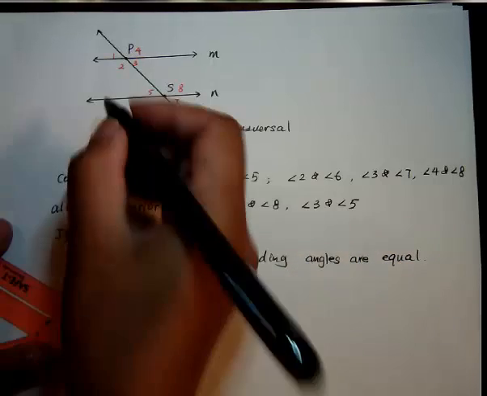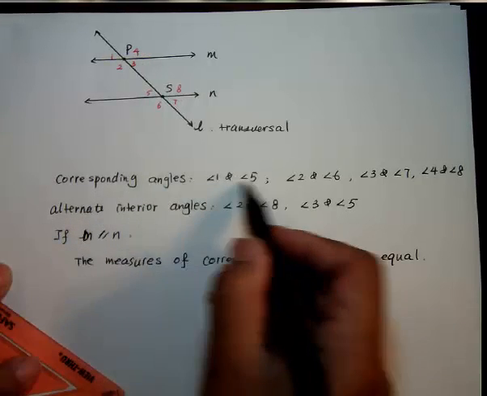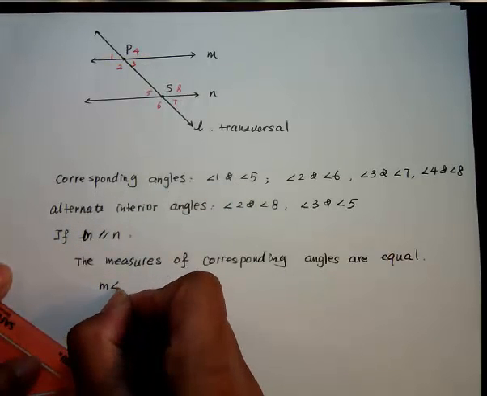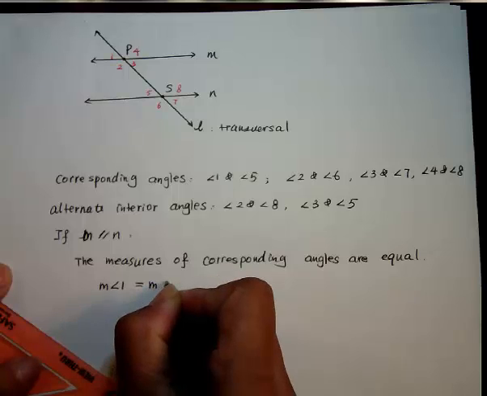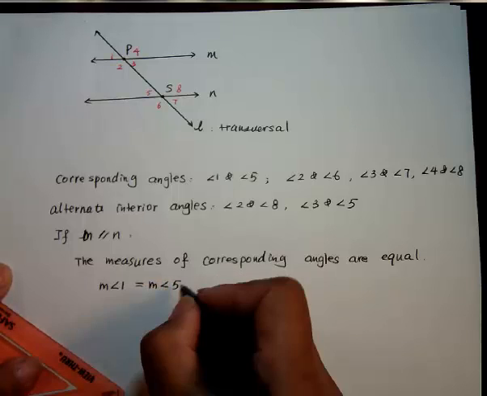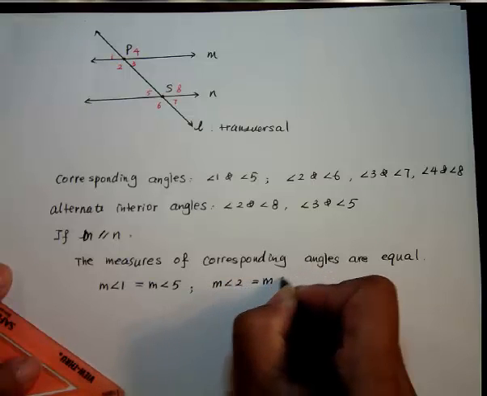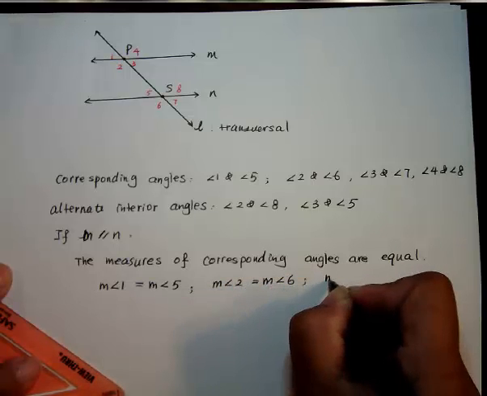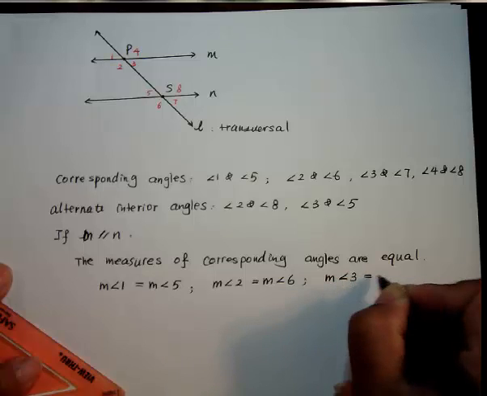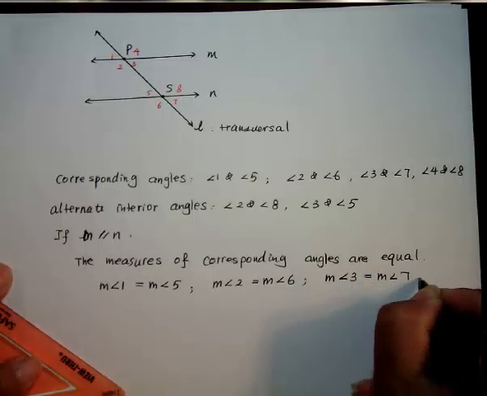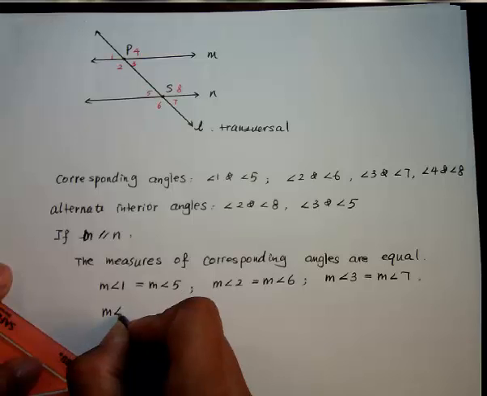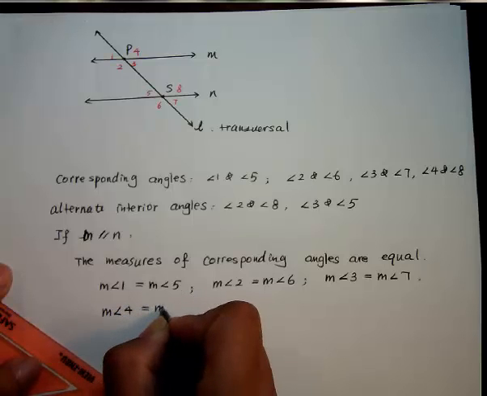So for our problem, angle 1's measure should be the same as angle 5's measure. Angle 2's measurement should be the same as angle 6. Angle 3's measurement should be the same as angle 7. And the measure of angle 4 should be the same as angle 8's measure.